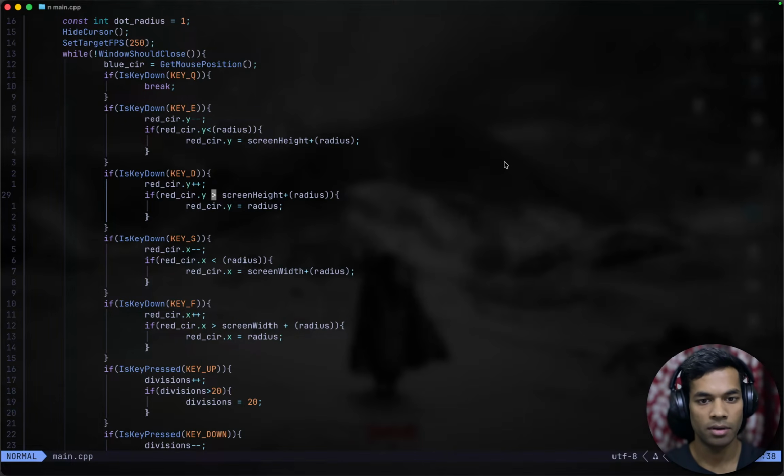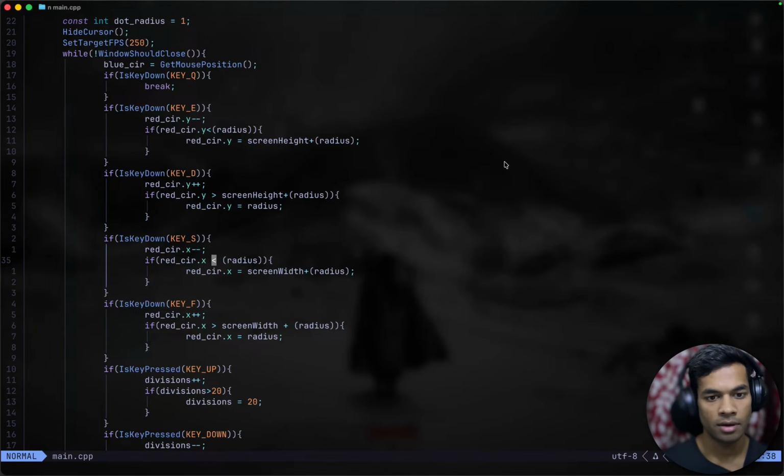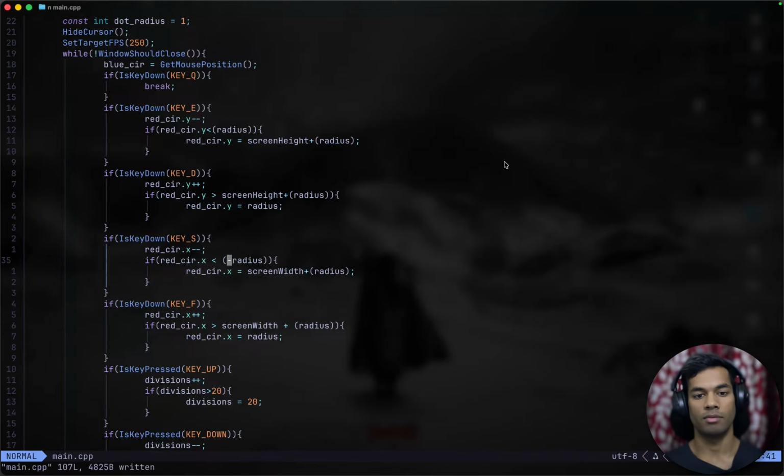Okay, but the radius is somehow wrong. Whenever we press S, and X is smaller than negative of radius, yeah, smaller than negative of radius.